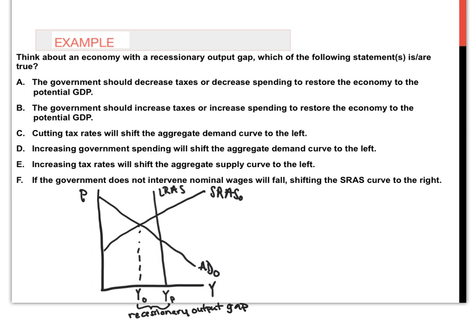Okay, so if the economy is in a recessionary output gap, so output is below potential output, then in order to push the economy back towards potential GDP, the government would have to engage in expansionary fiscal policy.